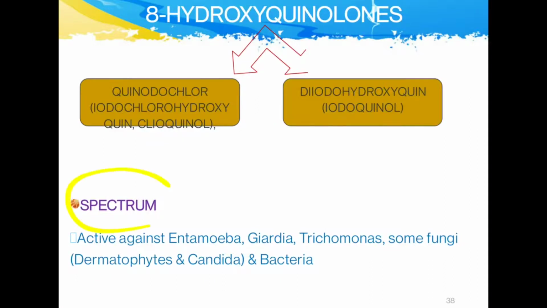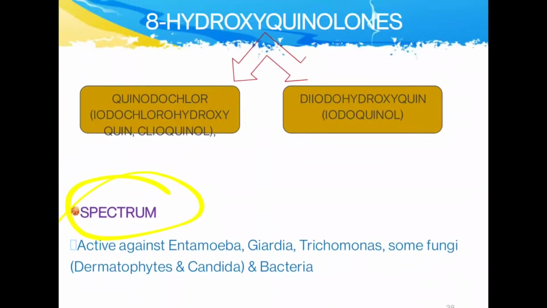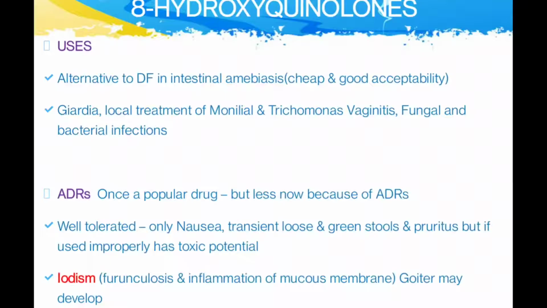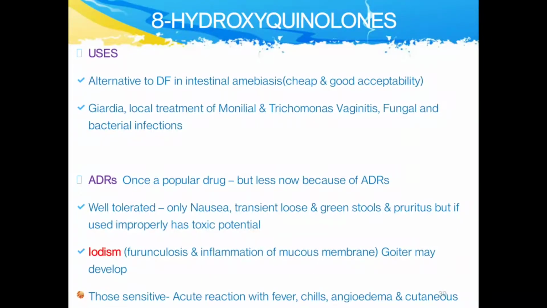If we discuss the spectrum, it is active against Entamoeba, Giardia, Trichomonas, some fungi, dermatophytes, Candida and bacteria. 8-hydroxyquinolines are used as an alternative to DF in intestinal amoebiasis, being cheap and of good acceptability; in Giardia; and for local treatment of monilial and Trichomonas vaginitis, and fungal and bacterial infection.